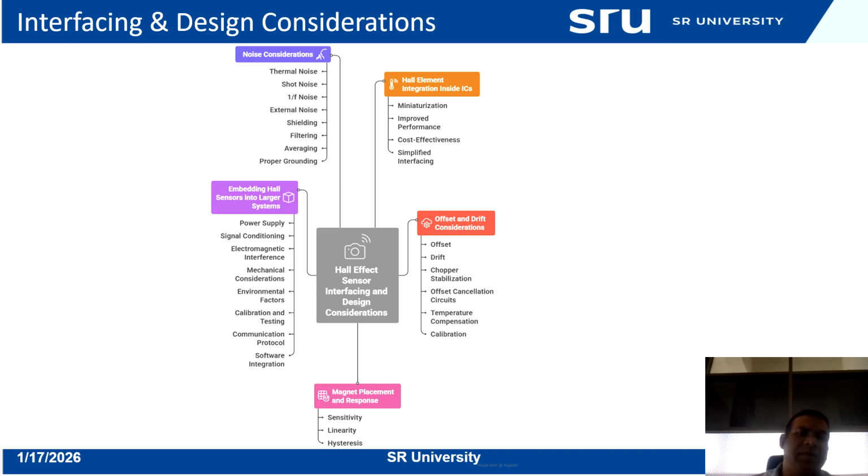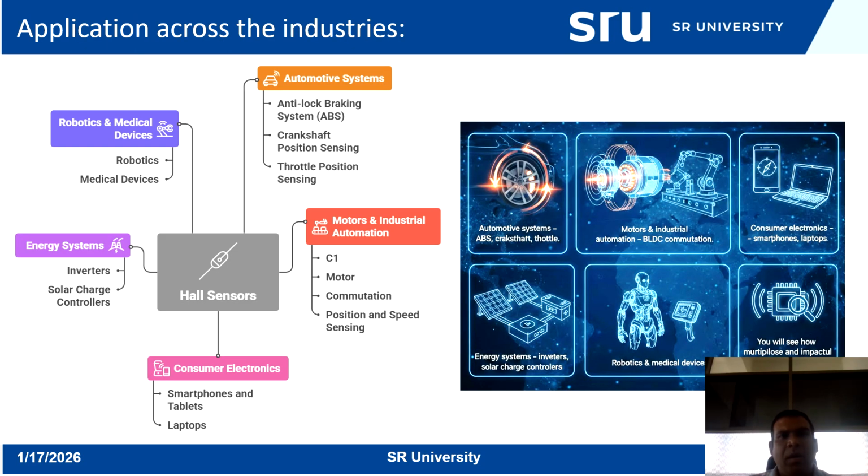By carefully considering these interfacing and design considerations, engineers can effectively utilize Hall effect sensors in a wide range of applications. So these are the application areas where we can use the Hall sensor.